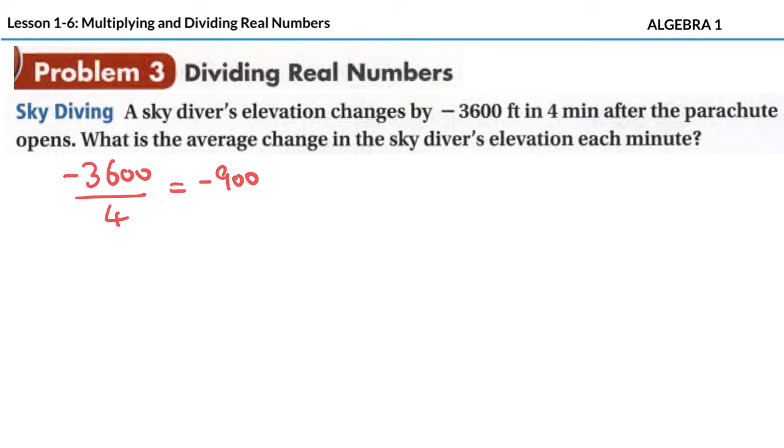So the skydiver's average change in elevation is negative 900 feet per minute. So that's how you apply the concept of dividing real numbers in this particular skydiving problem. Great.